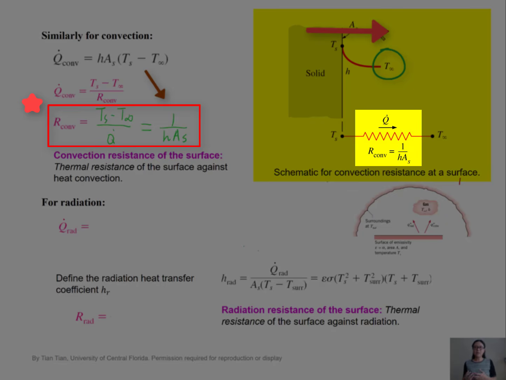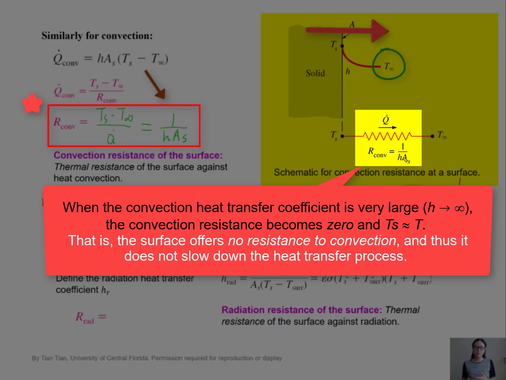So whenever there's a resistance, there's temperature drop. When this heat transfer coefficient is very large, say at the limit of infinity, the convection resistance becomes 0. That is, when convection is really strong, the surface offers no resistance to convection and does not slow down the heat transfer process. Then T infinity would approach Ts.